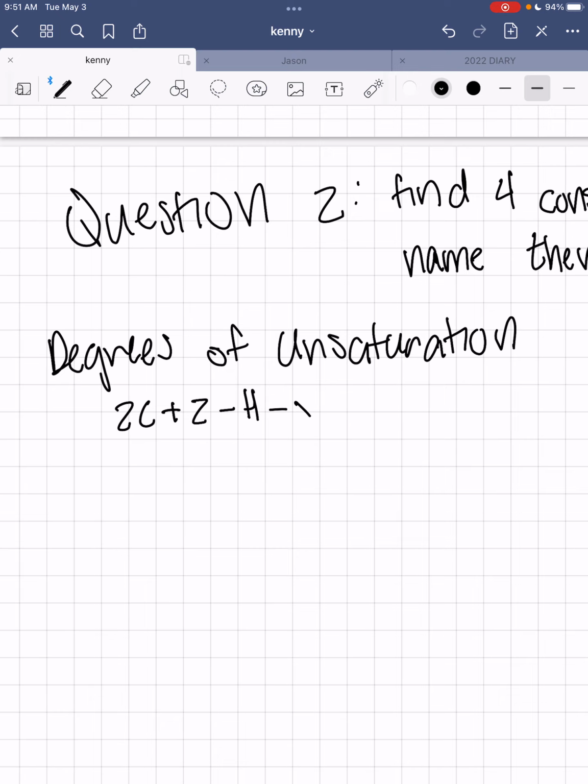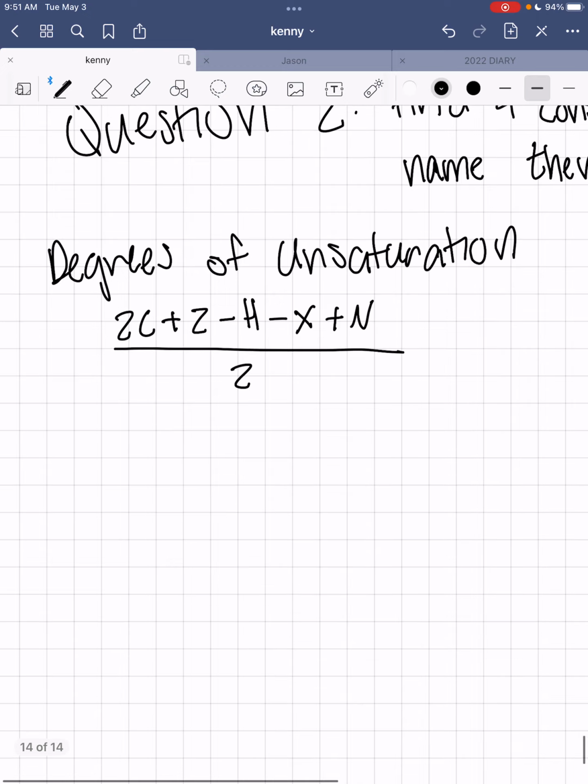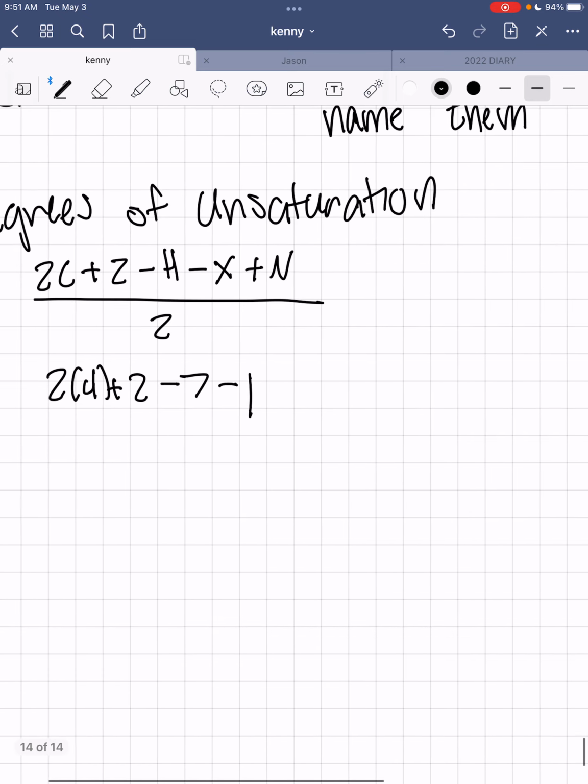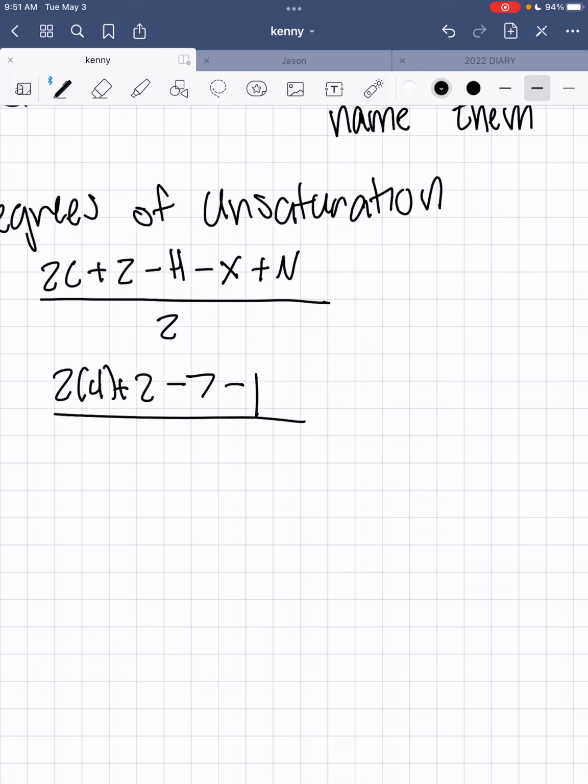So I'm writing it here and filling it out. So carbon 4 plus 2 minus 7 hydrogens minus 1 halogen and then plus 0 nitrogen. Notice X is like a standard for halogens.